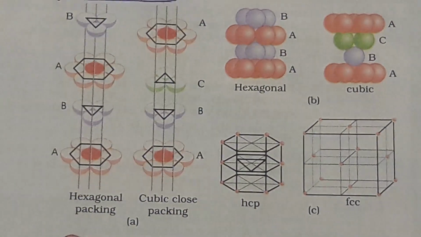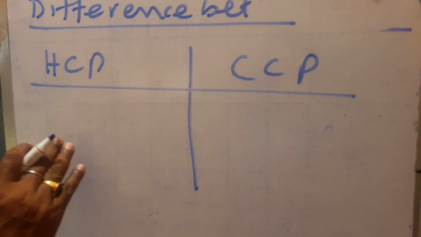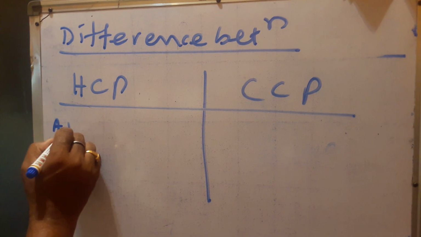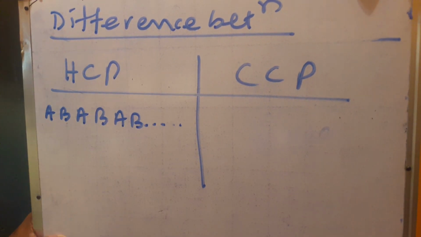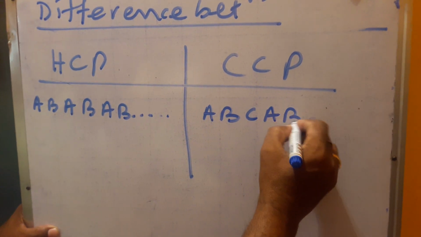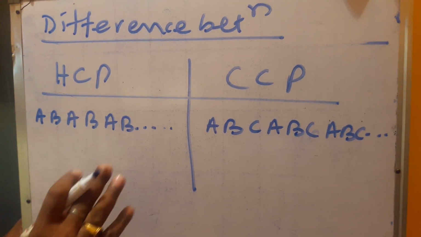So what is the basic difference between HCP and CCP? The basic difference between HCP and CCP is that here the AB pattern of crystallization takes place. Here the ABC pattern of packing takes place.